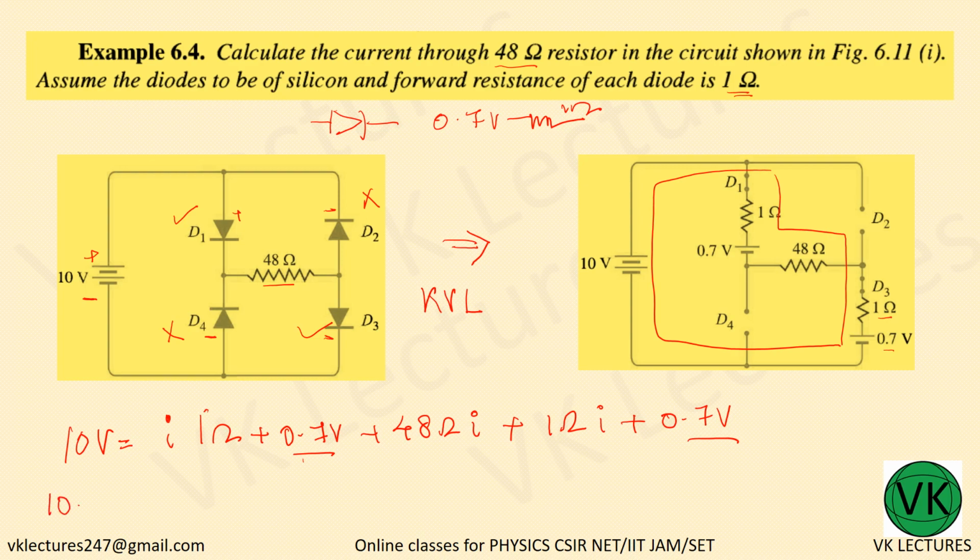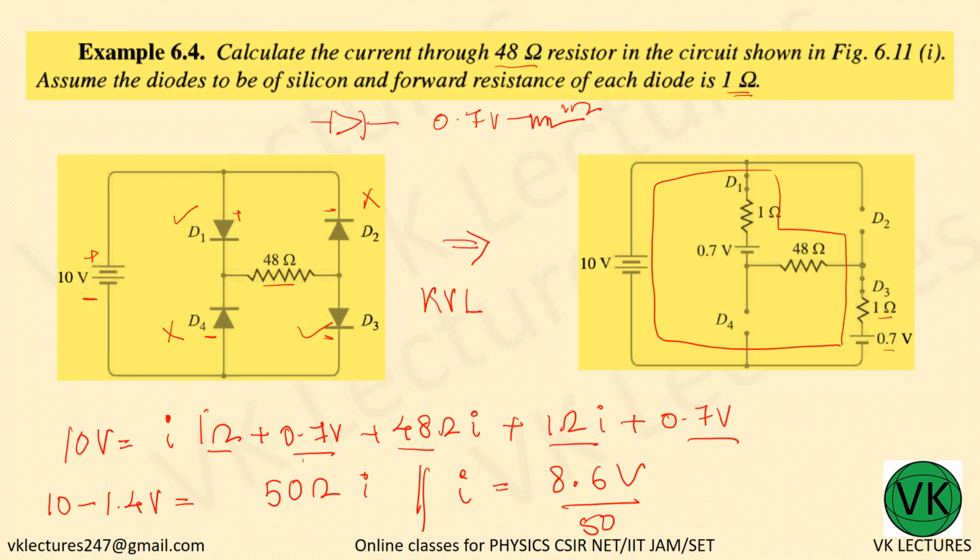Now add 0.7 volt and 0.7 volt and bring it to the left side. So 10 minus 1.4 volt equal to 48 and again 1, so 50 ohm into I. So current I is equal to 8.6 volt divided by 50.